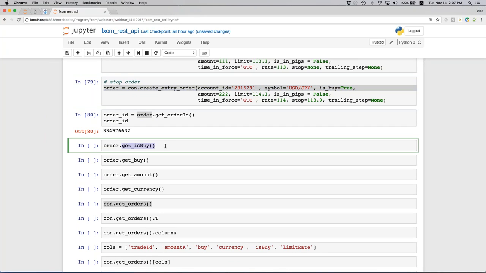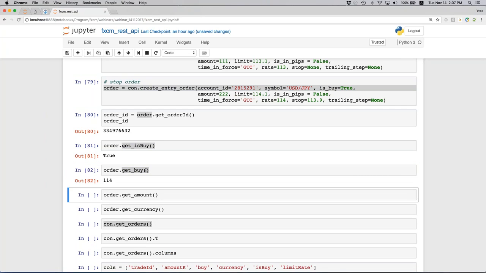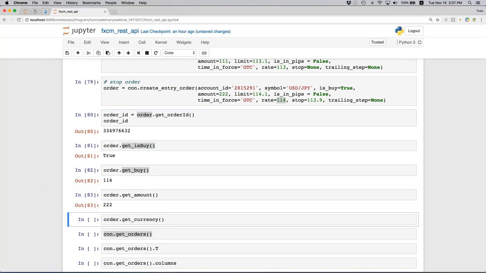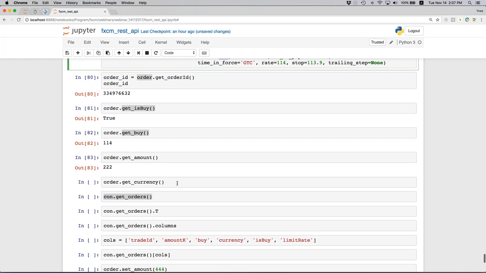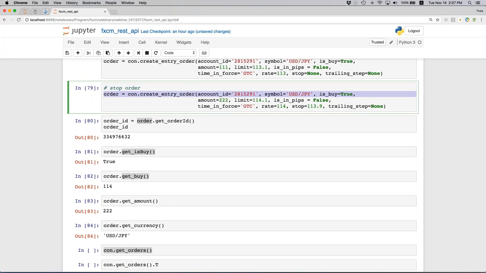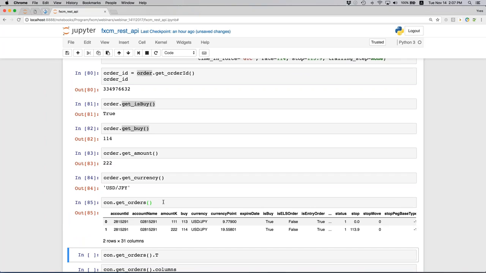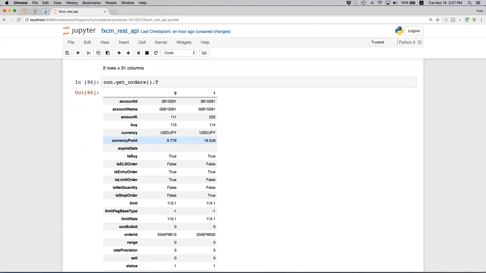So here, get is buy, is true, buy, you see the rate here, the amount, you see here it's 222, the currency is US dollar Japanese yen, and here I'm getting all the orders. So now I have two open orders with the numbers that I have placed.